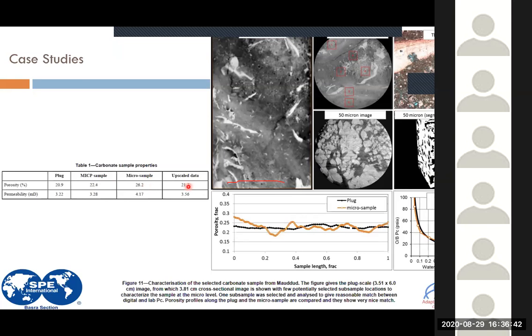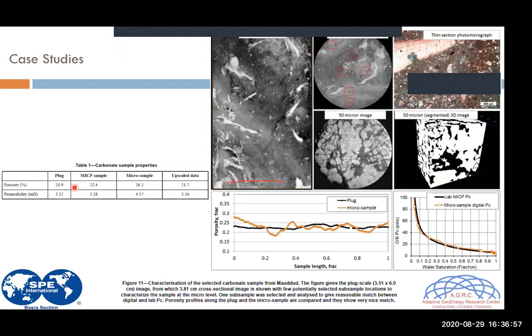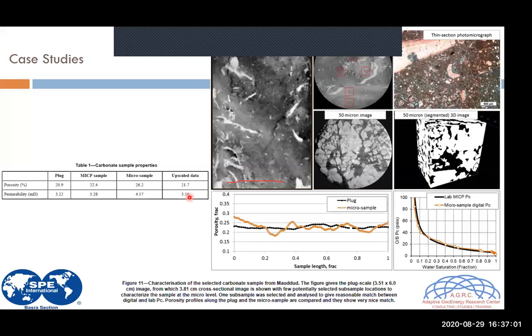And then for the core scale data, using the correlations from the micro scale, performing the downscaling to upscale procedure, we found 21%. So you can see that's a really good match between them, and the permeability is the same, ranging between 3.22 and 3.56. As you can see, really good match here as well.